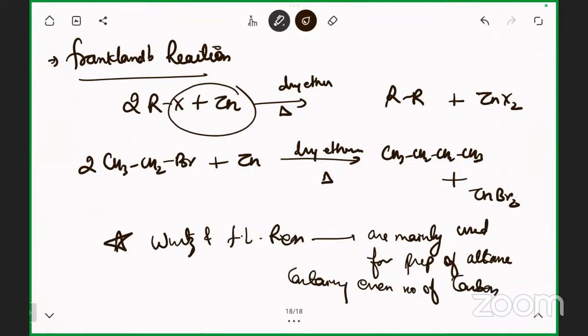So if the question arises, which reaction is used for an even number of carbon, you can write like this. Clear? Yes, sir. If you have any doubt about any of the reactions, ask.